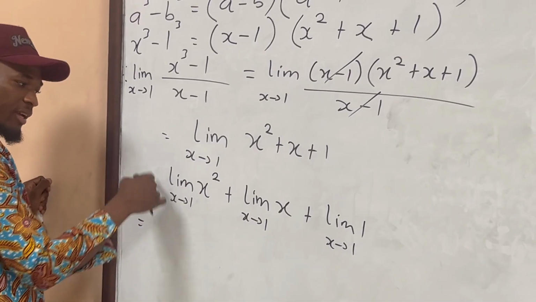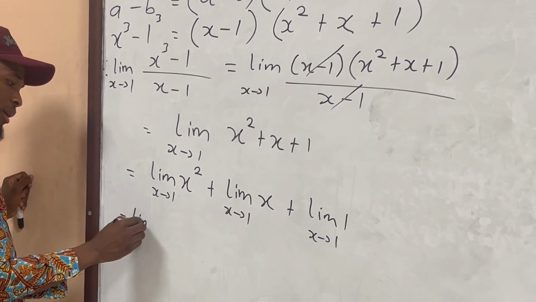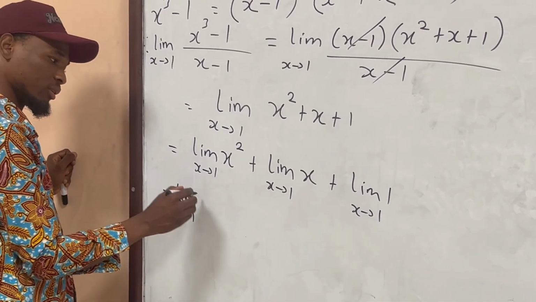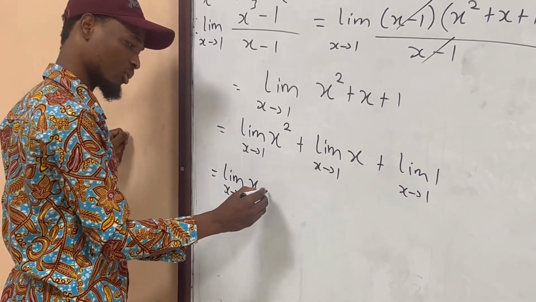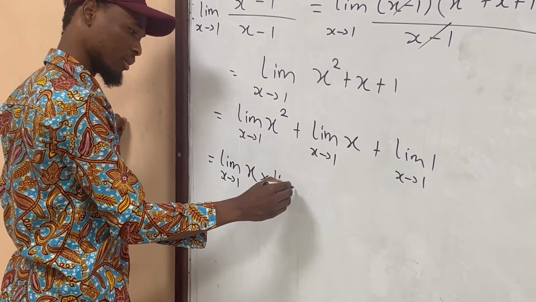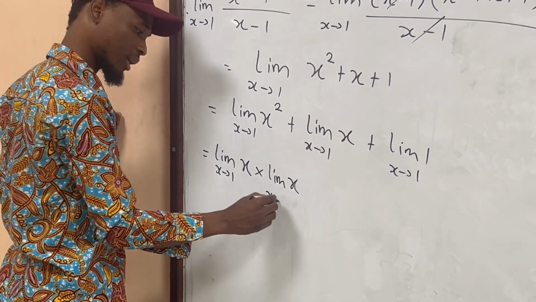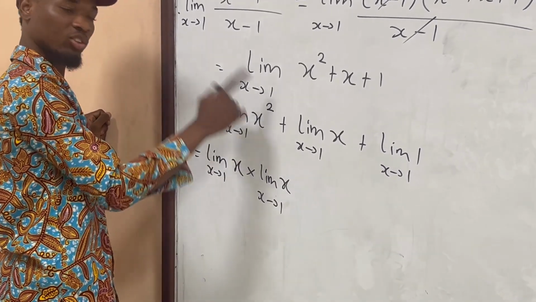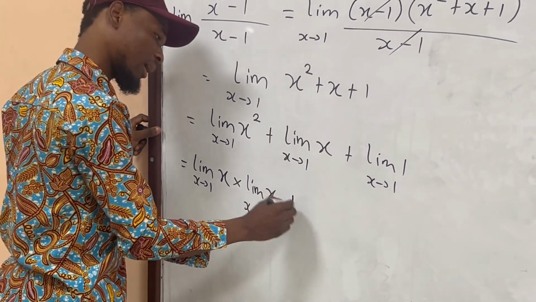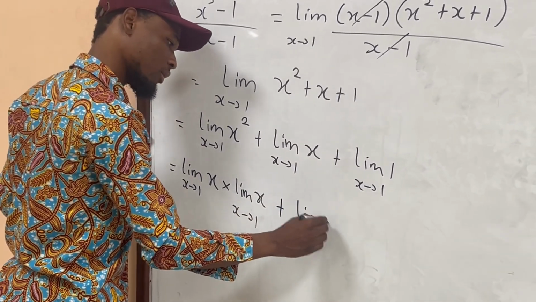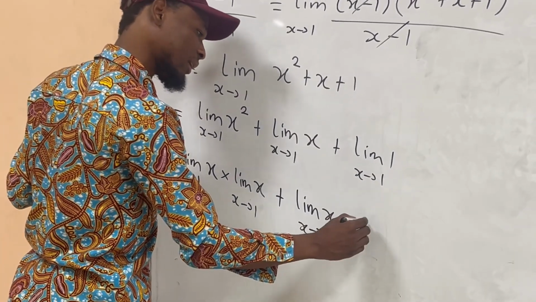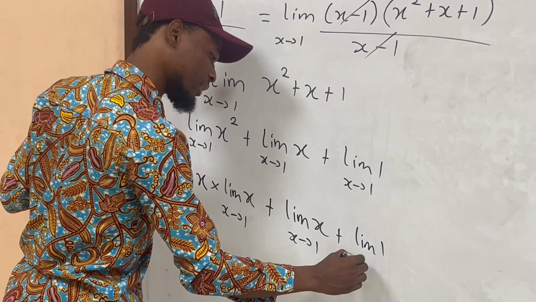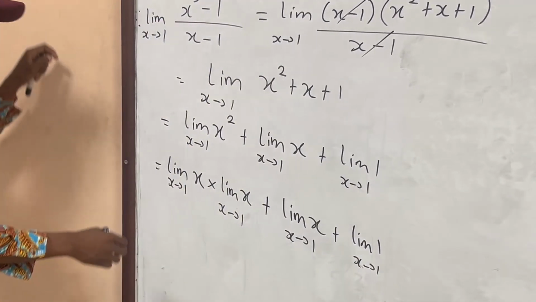And this is the same as the limit as x approaches 1 of x times x, because x squared means x times x. So times the limit of x as x approaches 1, then plus the limit of x as x approaches 1, then plus the limit of 1 as x approaches 1.